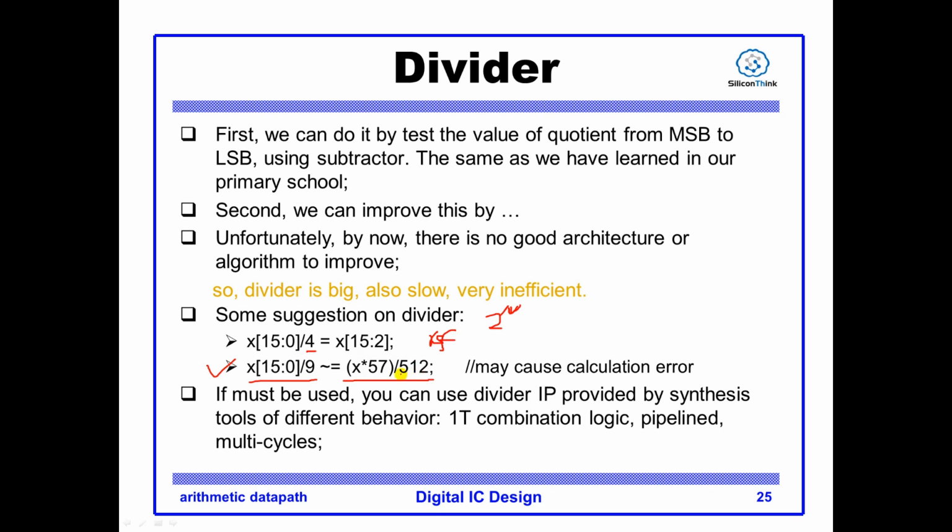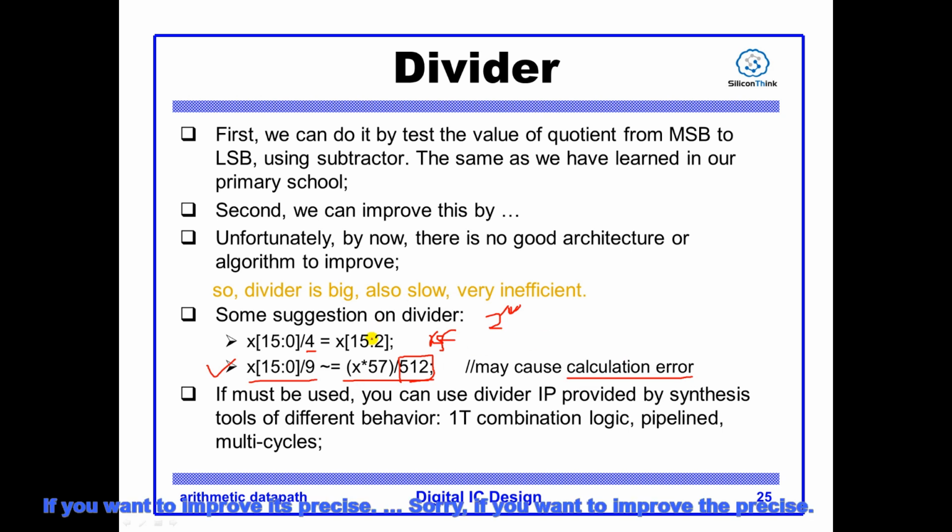This number must be nth power of 2. But the results of the two are not exactly the same. Sometimes they are different, and there will sometimes be calculation error.